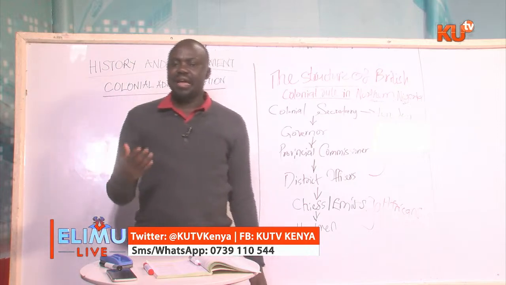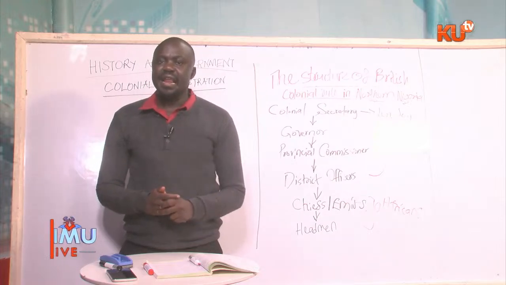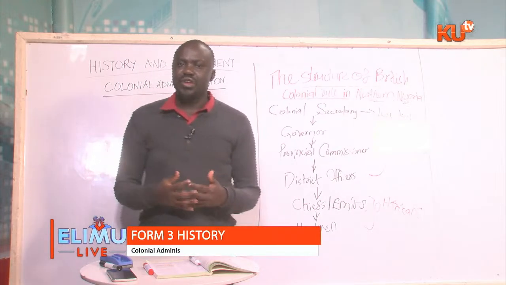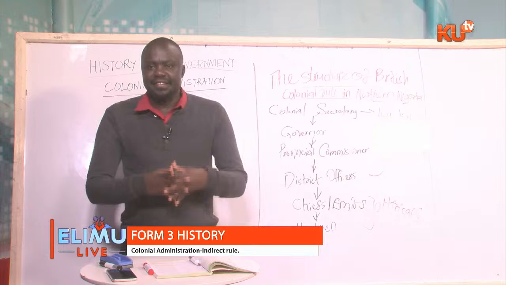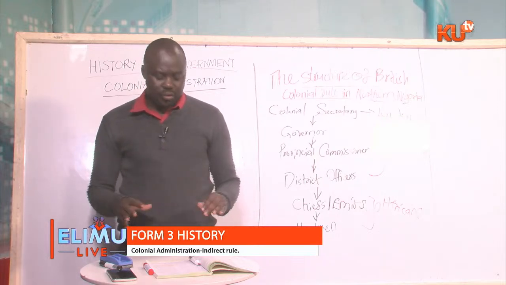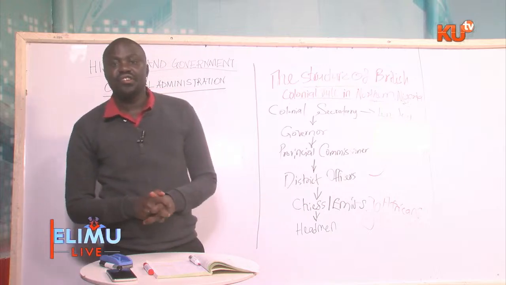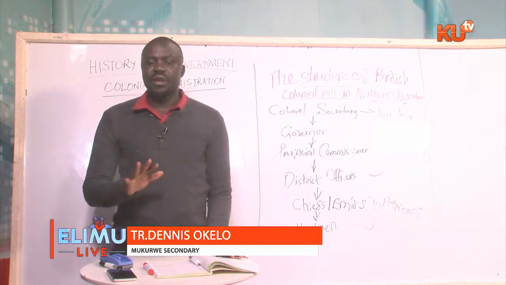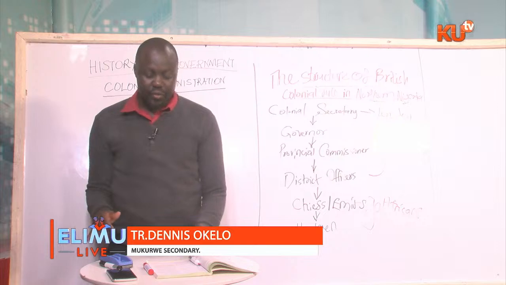The same can be applied to southern Nigeria and Lagos, who had various communities with various cultures. So in such areas where there was no established traditional rule, they had to use direct rule.